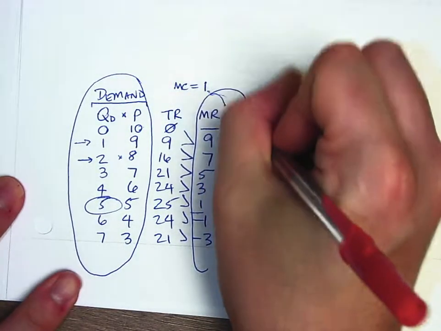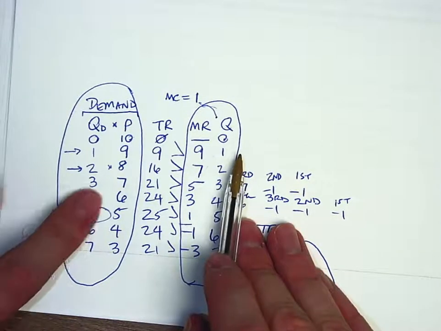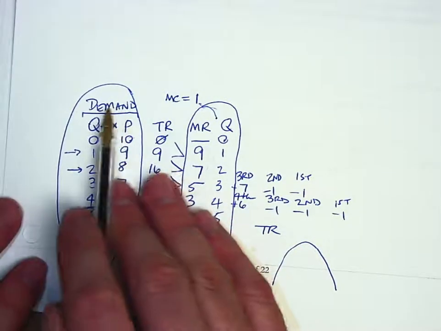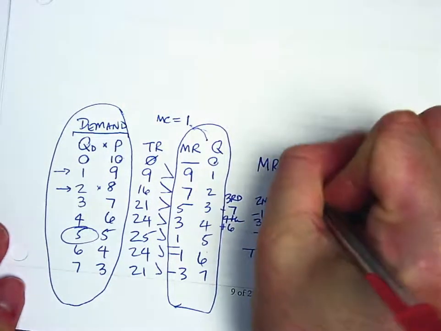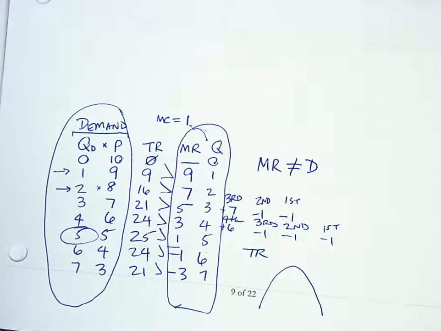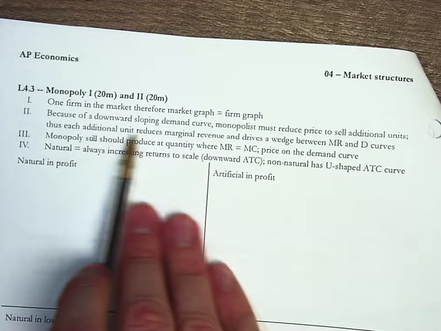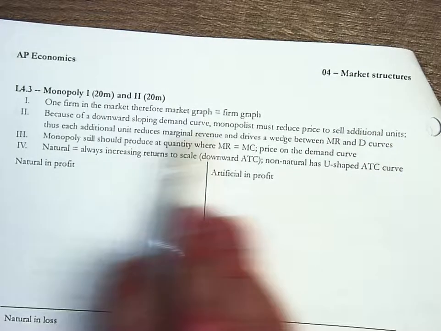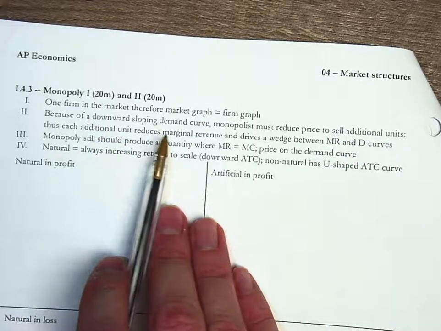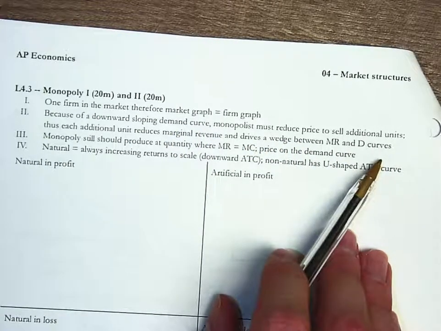You've got this relationship of quantity and marginal revenue, and I just rewrote this column over here. And then you have this relationship, which means that marginal revenue does not equal demand for this type of firm. So that's by way of saying this. Because of a downward sloping demand curve, the monopolist has to reduce the price to sell additional units. Each additional unit actually is going to reduce marginal revenue and drives a wedge between MR and demand.